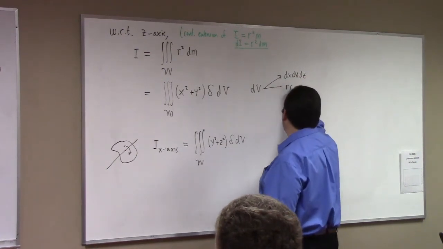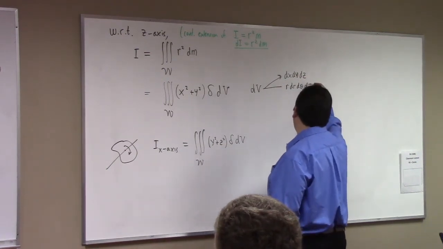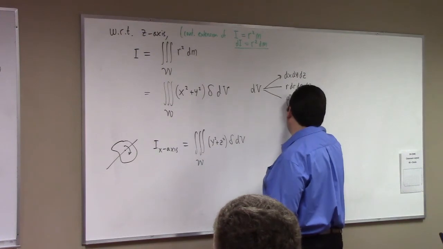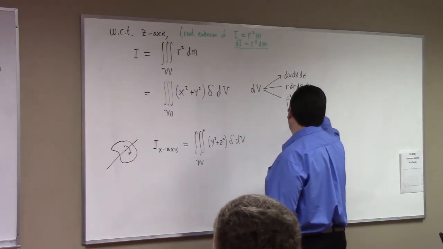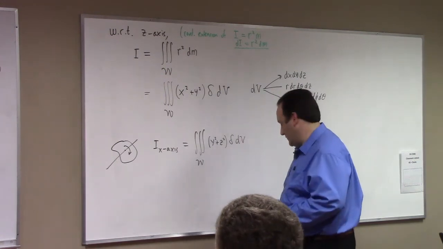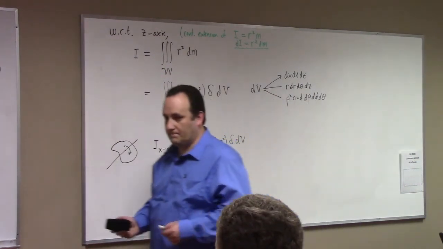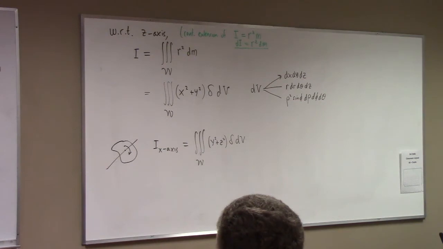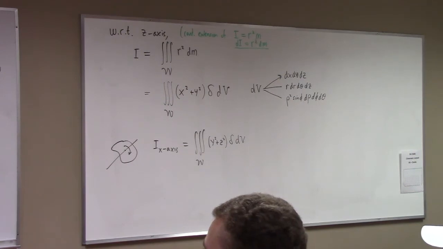You have your r dr d theta dz, sometimes popular. And then you have the dreaded rho squared sine phi d rho d phi d theta. Them's our usual choices for dv.